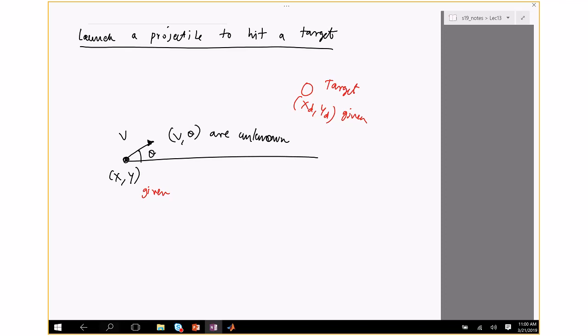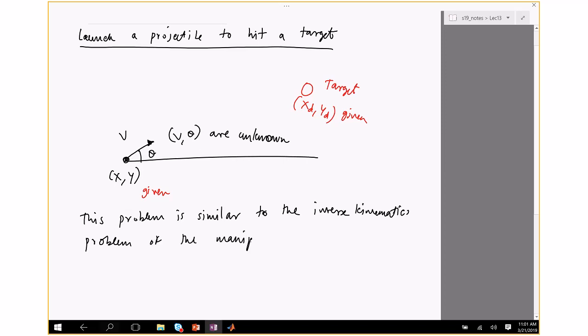So this problem is similar to the inverse kinematics problem of the manipulator or differential drive car.